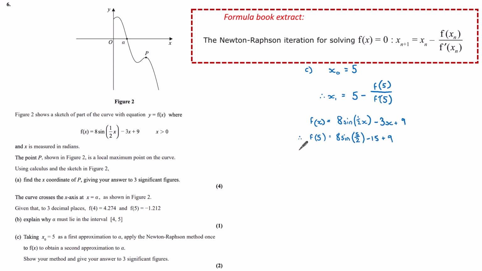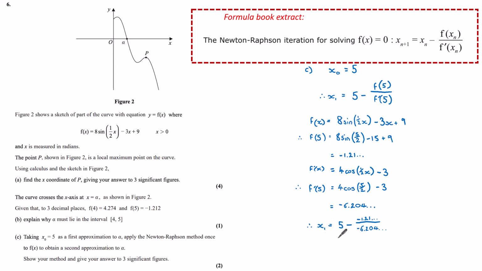If we substitute 5 in, our f of 5 value is minus 1.21 and so on. From part A, we know that the derivative function of this is 4 cos half x minus 3. Substituting in our 5 again, we get f dash 5 is equal to 4 cos 5 over 2 minus 3, which is minus 6.204 and so on. Again, we're going to store this in our calculator.